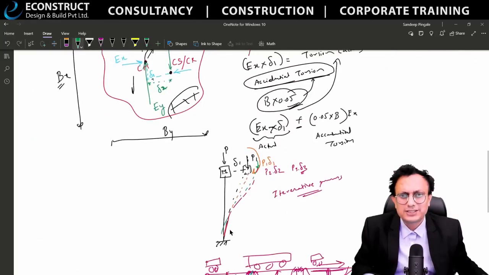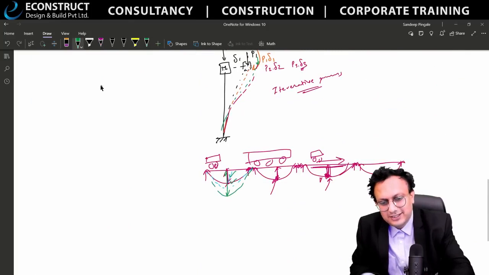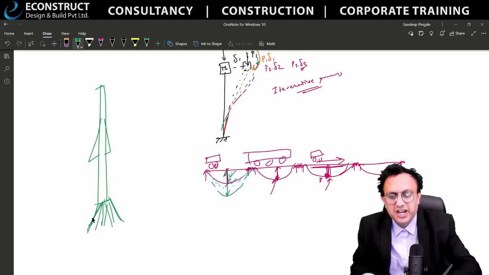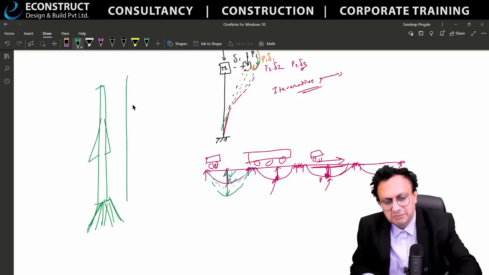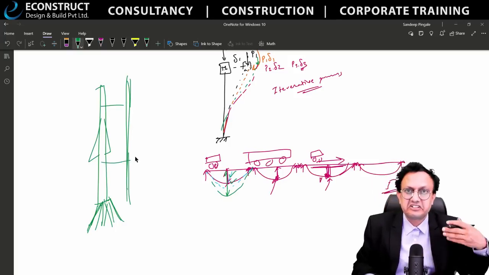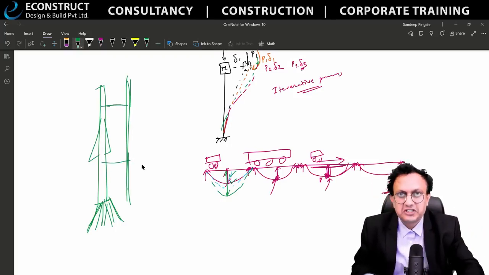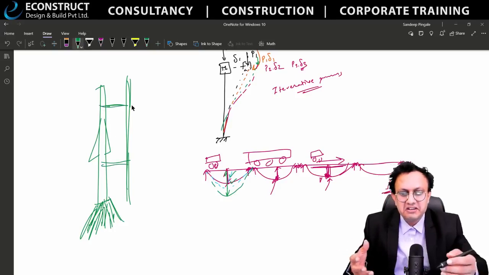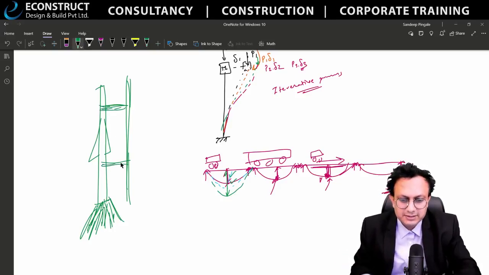I'll tell you one more example of an engineered crack. Let's say this is the satellite. I'm very bad at creating drawings somehow. This is a satellite. ISRO, NASA, all put billions and billions of dollars, and Econstruct, Sandeep Pingale, is designing the support conditions for this, and the satellite has started. And the satellite is not going.